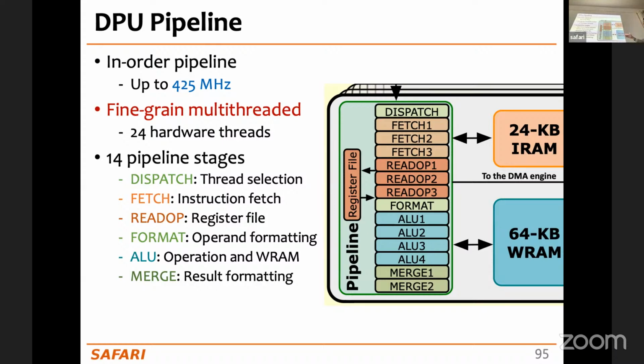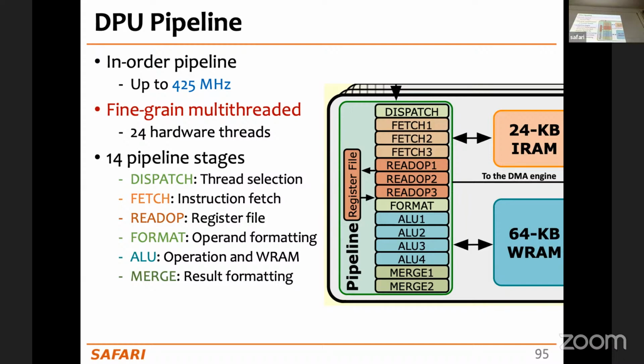This pipeline is a fine-grained multithreaded pipeline, and what that means is that we have multiple hardware threads. You might be familiar with the MIPS pipeline, for example, and you might have learned about pipelining, and maybe remember as well that there were some hazards in the pipeline whenever one instruction needs to use data that is not yet in the registers or not accessed yet from the memory.